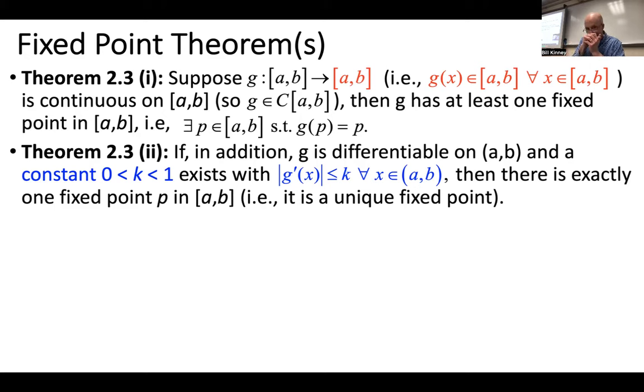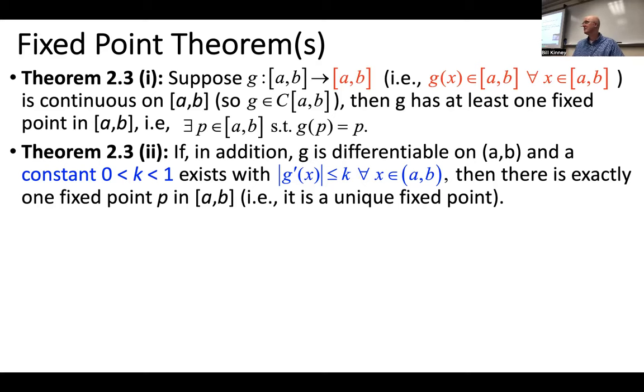It's contracting it. So when you've got a continuous function on a closed interval that's contracting into that same closed interval, then there's got to be a unique fixed point, exactly one value of P, such that G of P equals P. We already know there's at least one. How do you know there's no others?